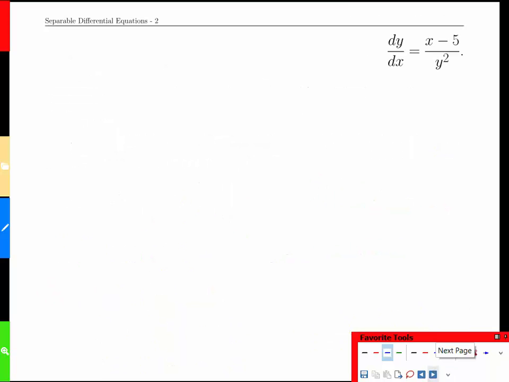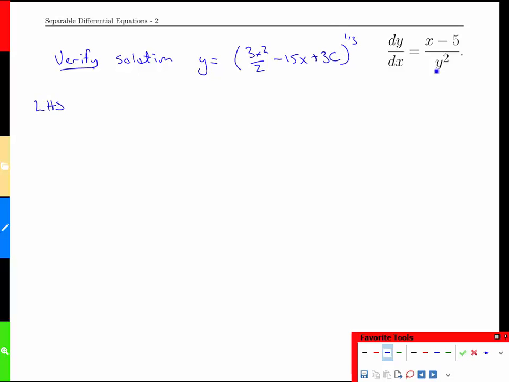That being said, it behooves us, seeing as we did this earlier, to verify the solution. In other words, check that it's actually correct. We just said that we had (3x squared over 2 minus 15x plus 3c) to the power of 1/3 as our solution. What we can do is go to our differential equation and try to substitute this in.